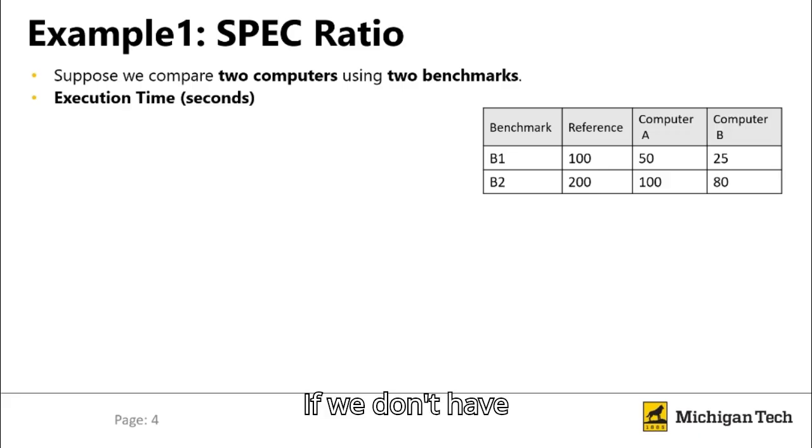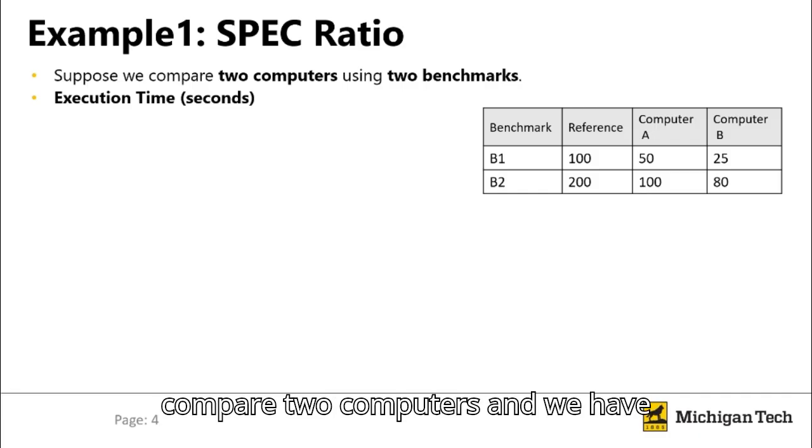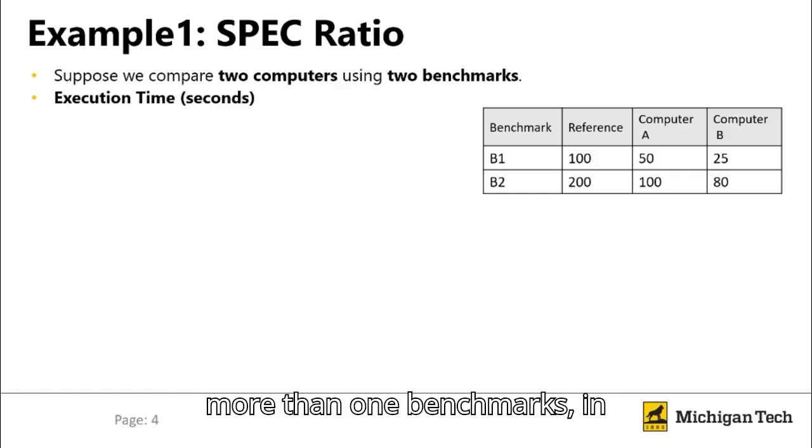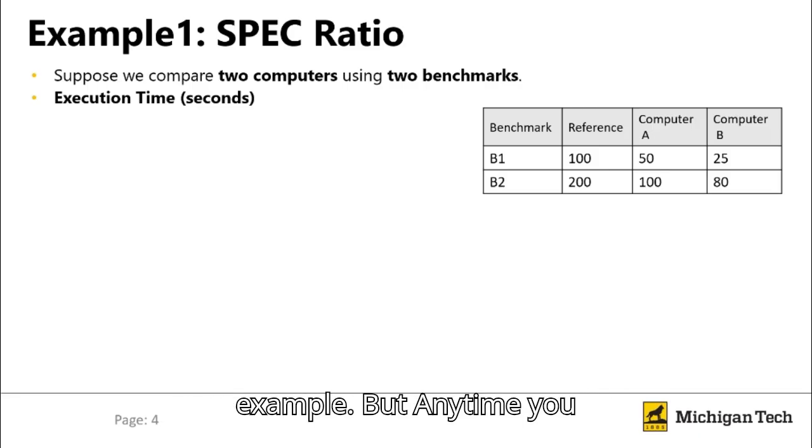If we don't have a reference, and still we want to compare two computers with more than one benchmark, in that case you need to use speedup. We're going to see that in the next example.